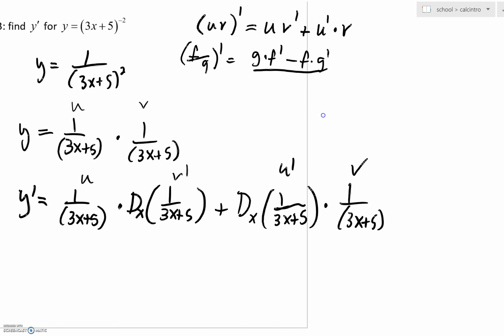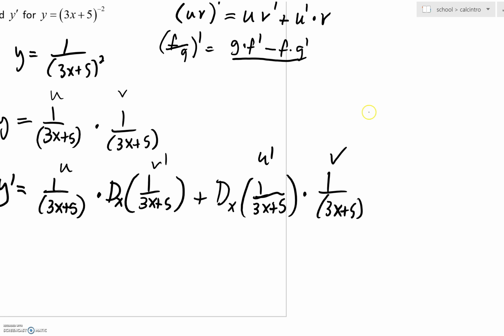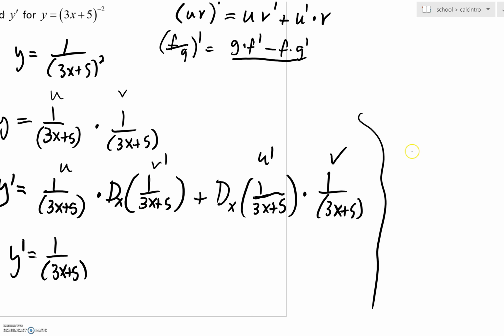But now what? Well, we can go off to the side and say, we're taking the derivative of that second function here, of this 1 over 3x plus 5. We can see that it's really kind of like f of x was equal to 1, and g of x was equal to the 3x plus 5. And we're going to go ahead and use that quotient rule.